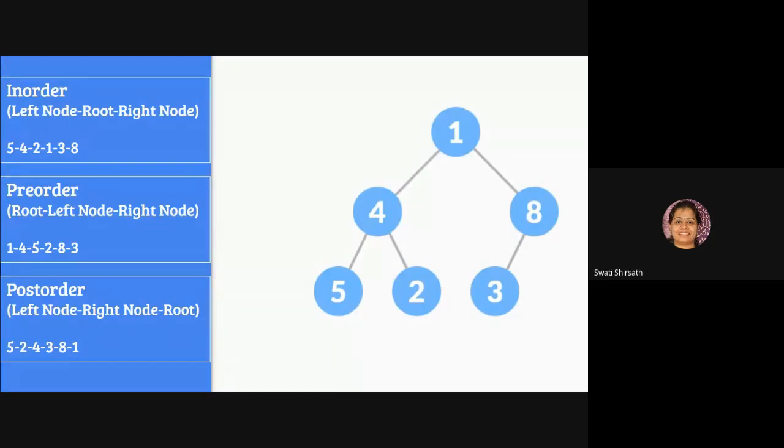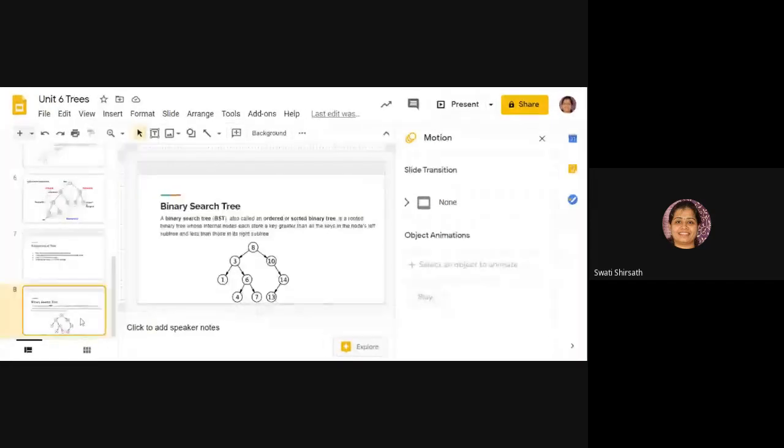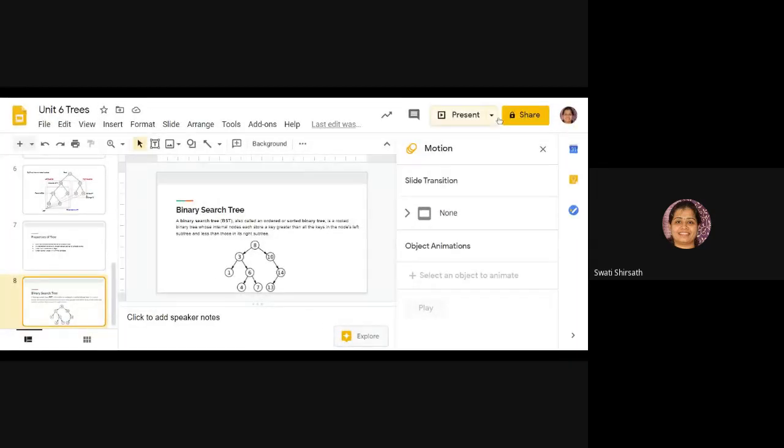I'll give you some examples. Just tell me the in order, pre-order, and post order of them. We have this tree now. Can you see this tree?